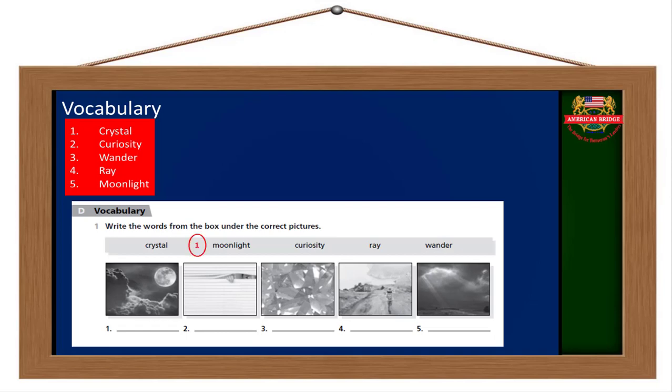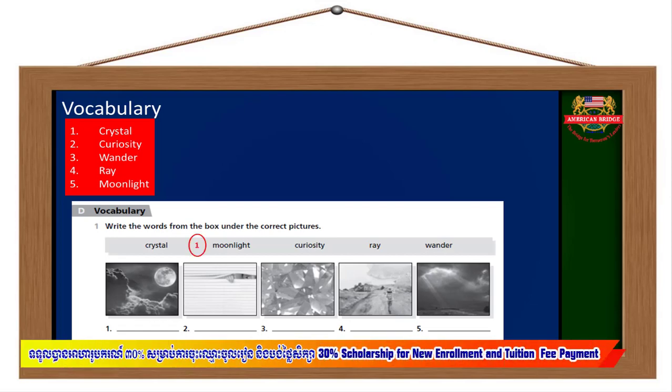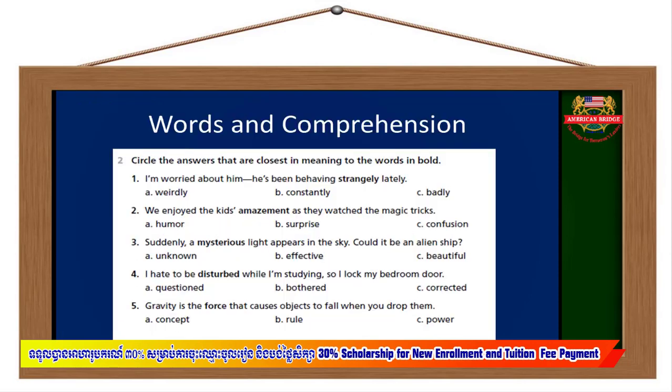The first one is moonlight. The second one, curiosity. Number 3, crystal. Number 4, wonder. And number 5, ray. Let's move to the second part: circle the answer that is closest in meaning to the words in bold.